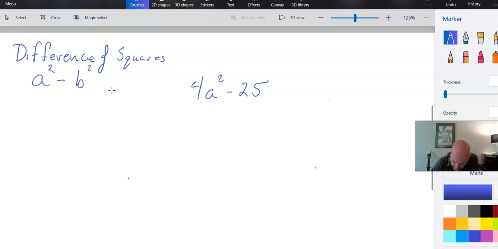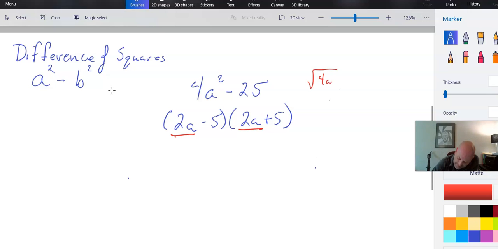Now, the answer we got was 2a minus 5 times 2a plus 5. Right? Okay, so I want to make some observations. First of all, the first term, 2a. Did you notice that if I take the square root of 4a squared, I get 2a?